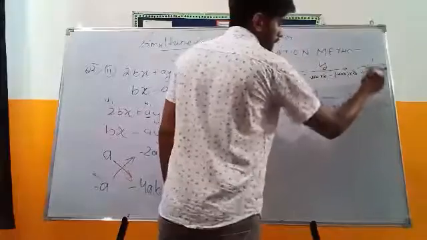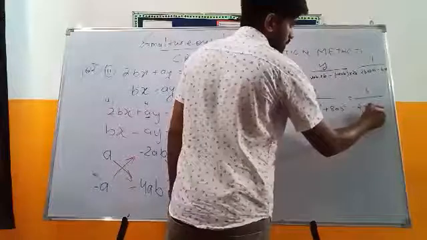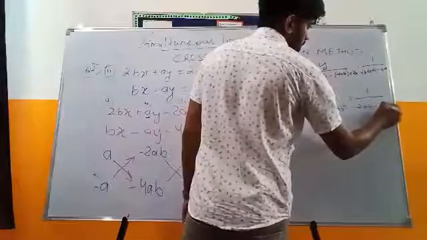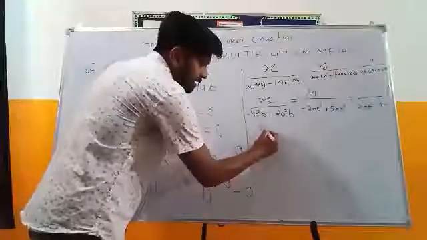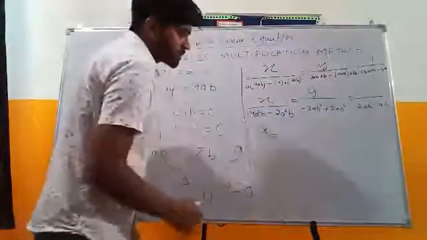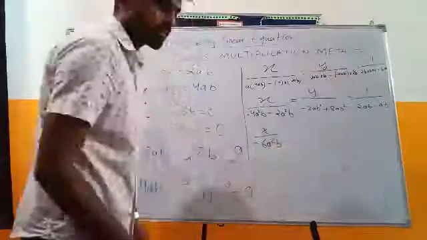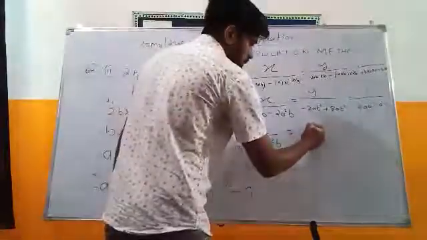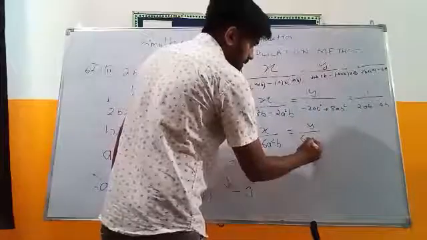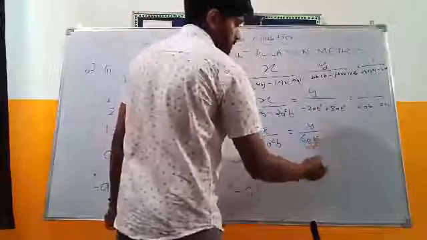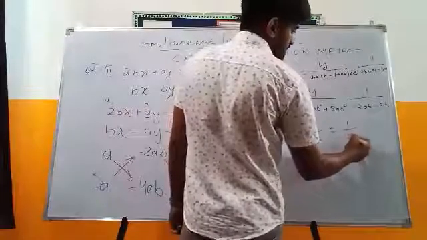1 upon 2 minus 2ab minus ab. Now you can see these are like terms, right? So I can solve them. It's going to become minus 6a square b equals to y upon minus plus minus 6ab square equals to 1 upon minus 3ab.